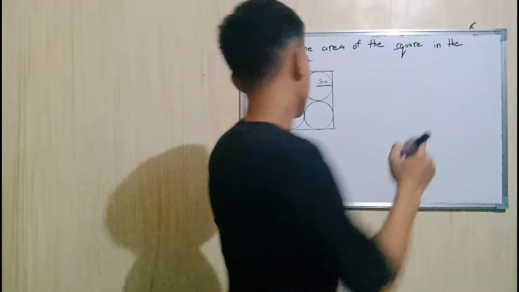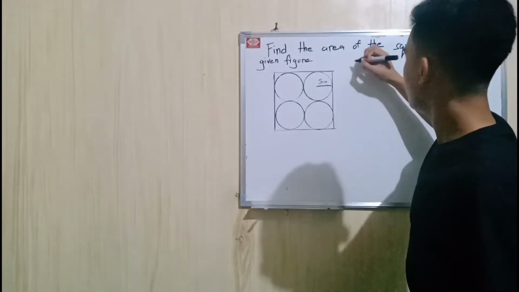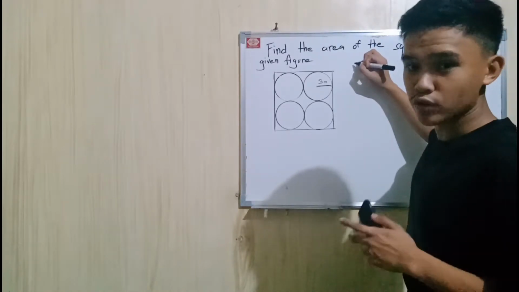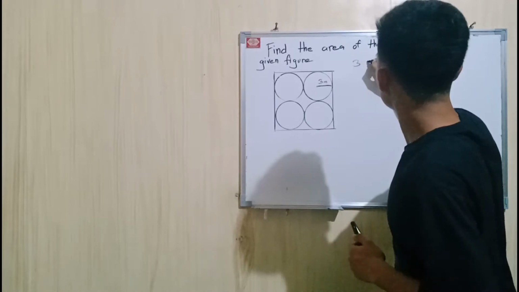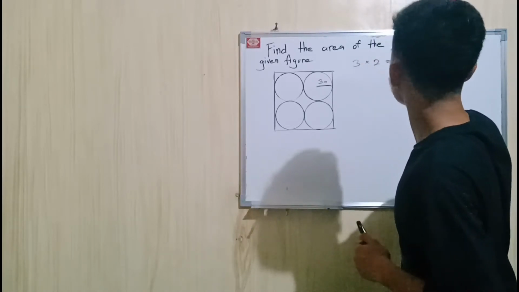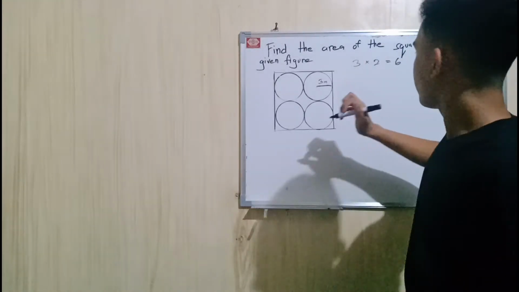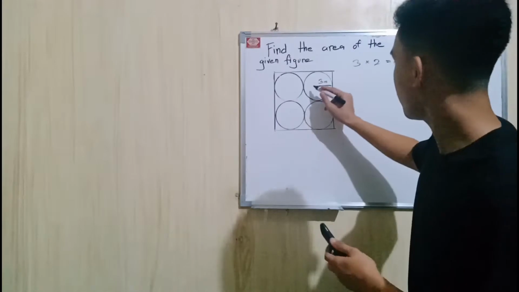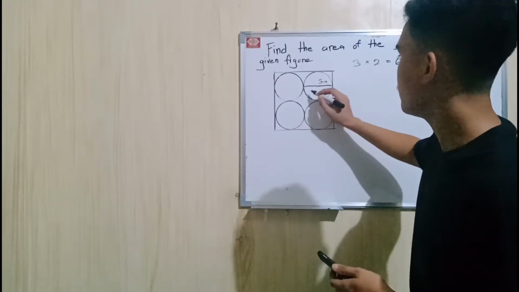So let's proceed to our example. To get the diameter, we will multiply the radius by 2. So 3 times 2, and we will get 6. This is the diameter.